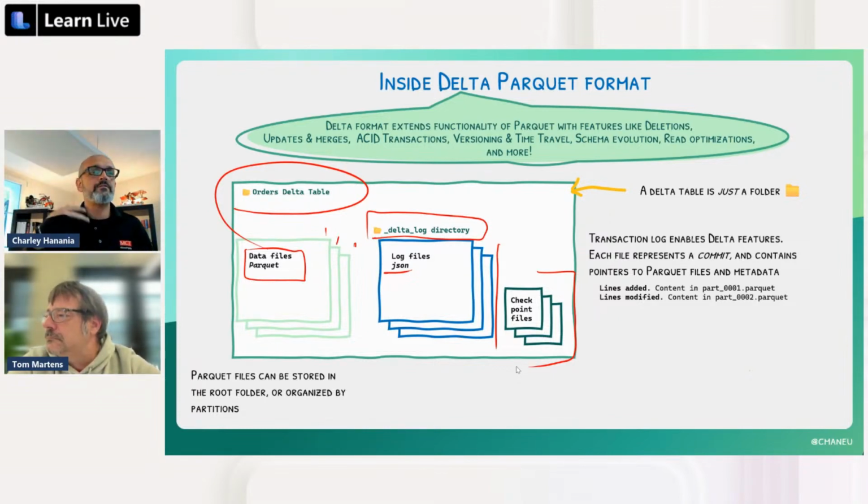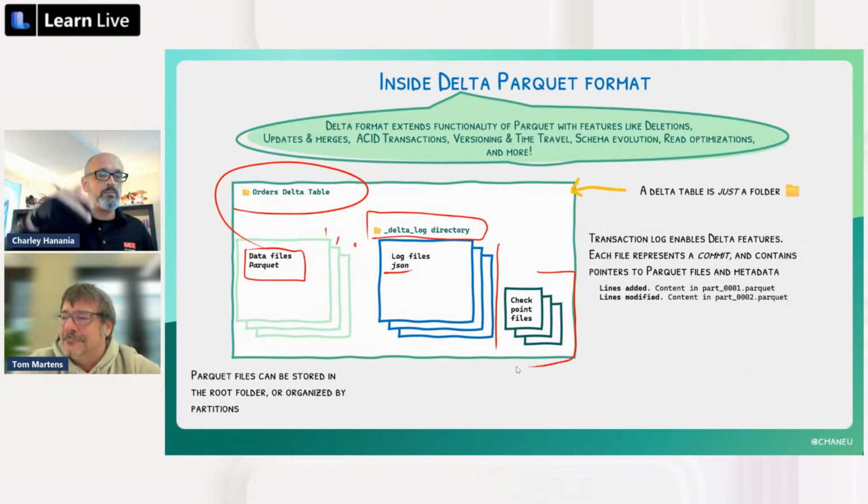If I want to do a time travel to a certain point in time, all I need to do is go to that checkpoint file and understand what the delta has been between one change or one set of changes and another over time. So that's basically what it is. It's basically adding transaction log capabilities on top of Parquet files.